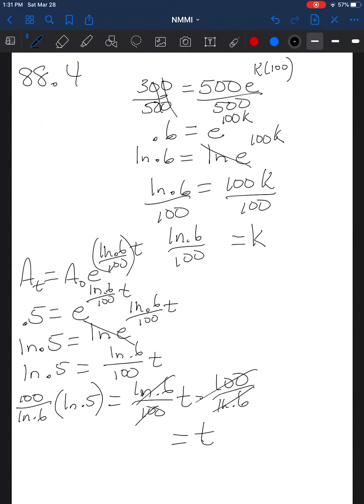That'll be ln 0.5 times 100, and then that's going to be divided by ln of 0.6.